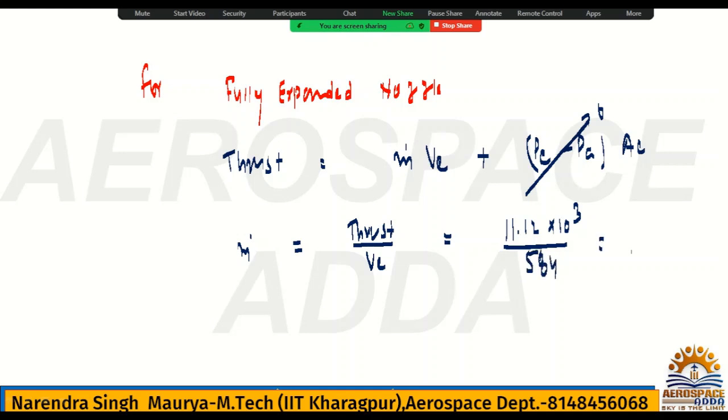Let me calculate: 11.12 into 10 power 3 divided by 584. Here it is 19.04 kg per second. This is the mass flow rate, and because the nozzle is choked, this is the maximum mass flow rate.